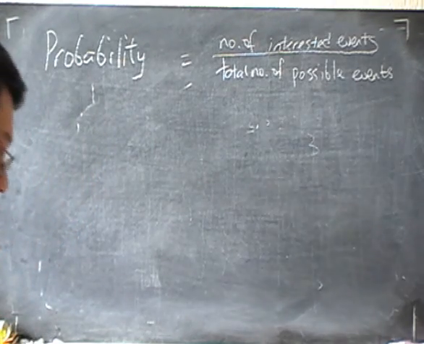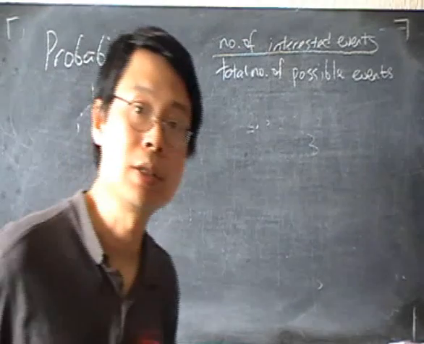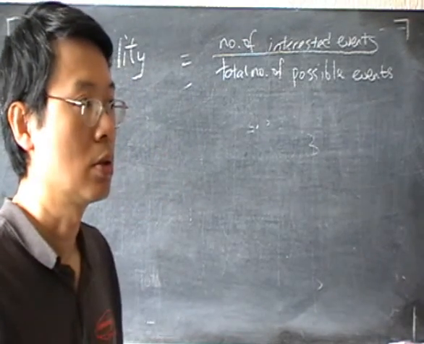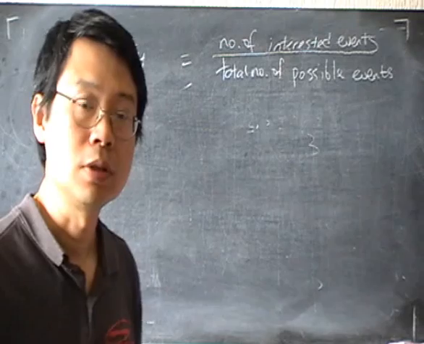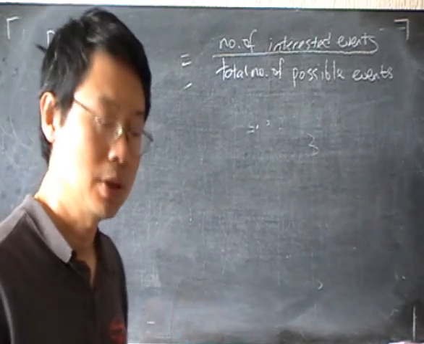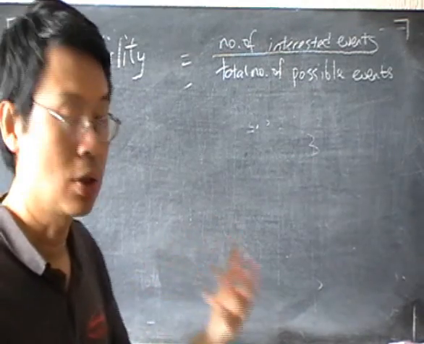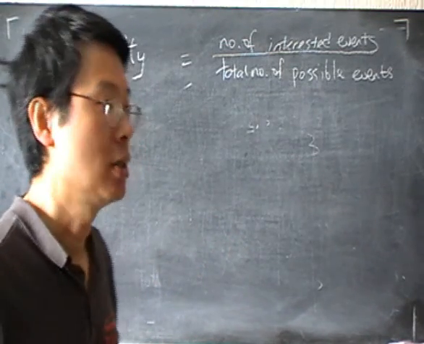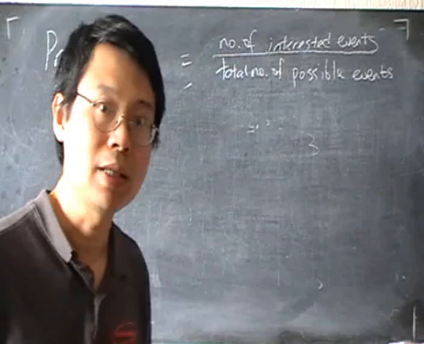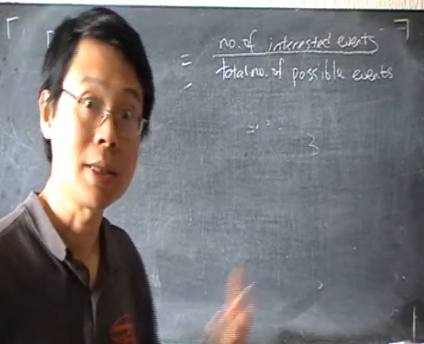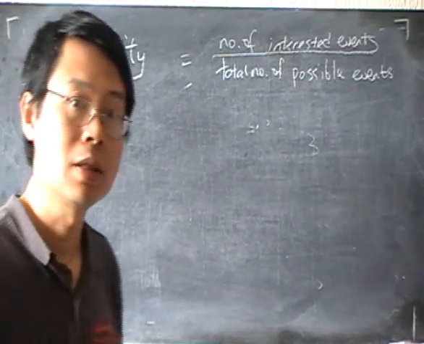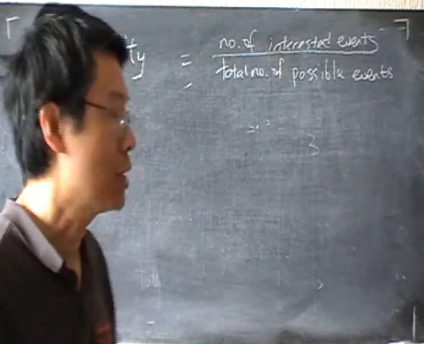Right, and I just mentioned that there's this idea of the probability of success and the probability of failure. If you think about tossing a coin to get a head, then you might think of the head as a success, and if you don't get a head, it's a failure, right?